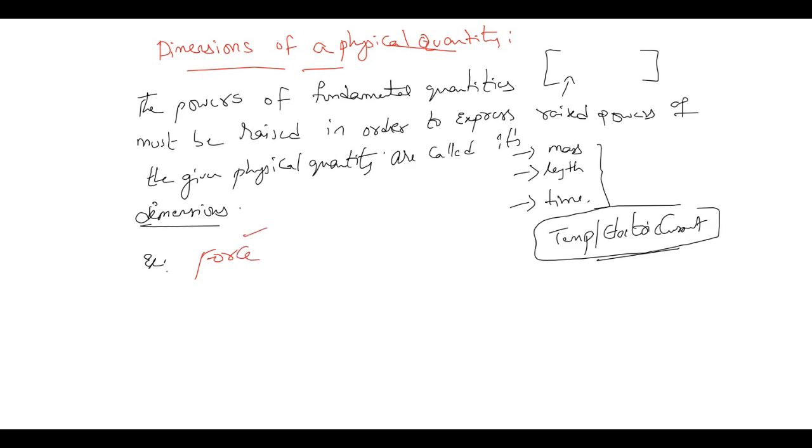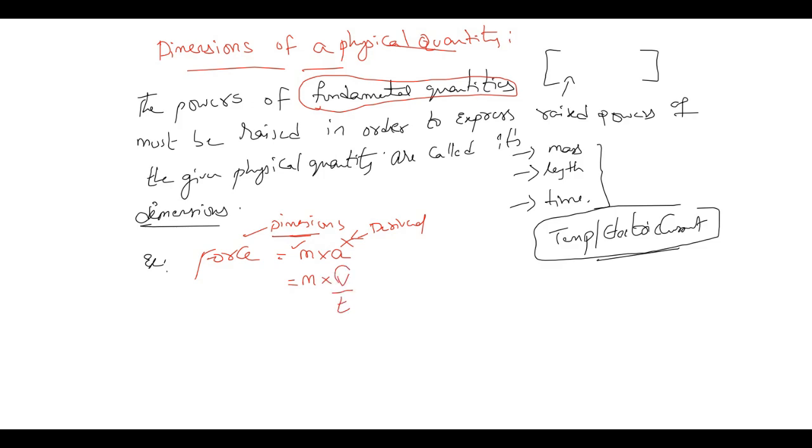For example, let us take force. So what are the dimensions of force? If I want to write dimensions for force, it is nothing but mass into acceleration. See, this all should be in powers of fundamental quantities. Mass is a fundamental quantity, but acceleration is a derived quantity. So again you need to convert this into fundamental quantities. Mass into acceleration can be written as mass into velocity by time, rate of change of velocity.